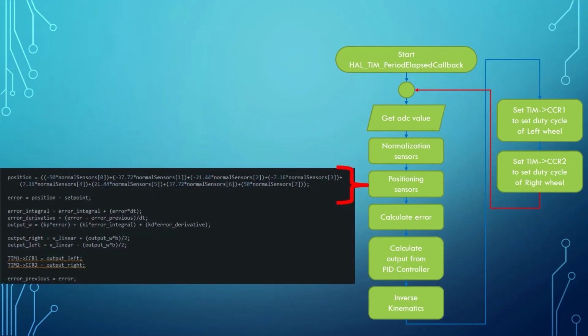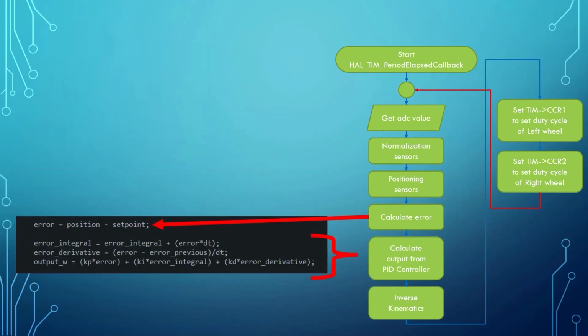Secondly, the positioning sensor. This part will tell whether the sensor is in the middle or not. Is it at the left or at the right? So it will calculate and tell the error and the position of it.